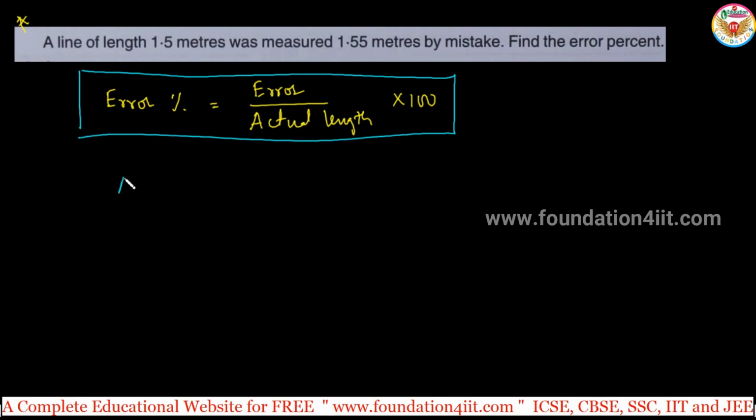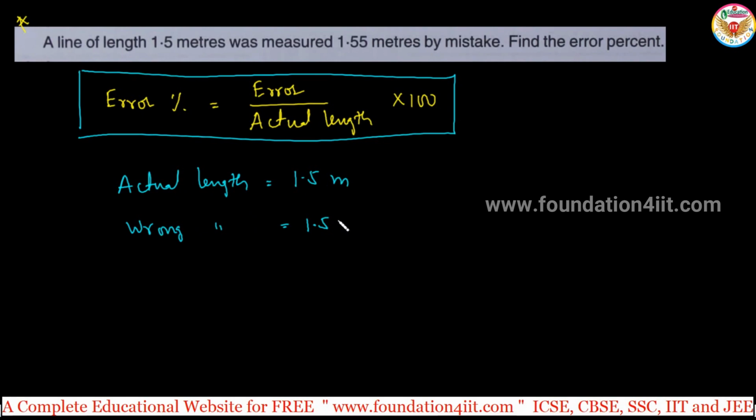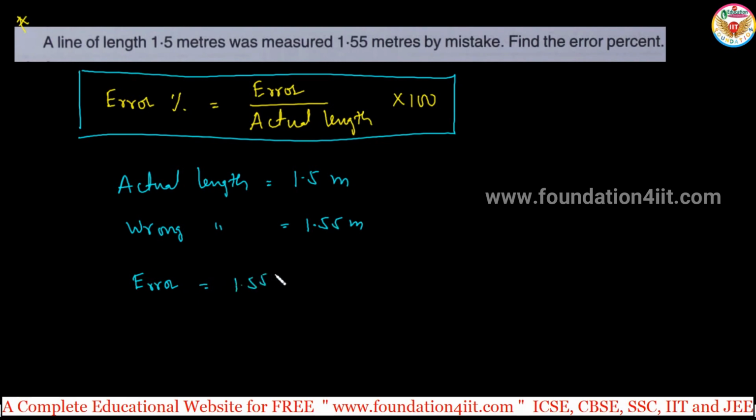According to this, the actual length is 1.5 meters, and the wrong length is 1.55 meters. So the error: 1.55 is bigger, no? So 1.55 minus 1.5, you can think of 1.50.